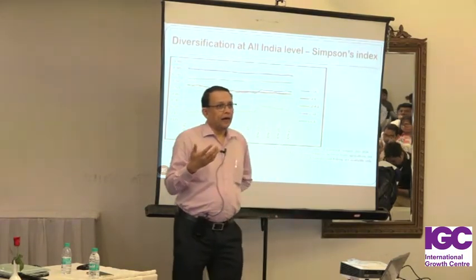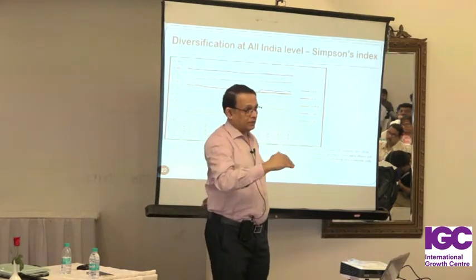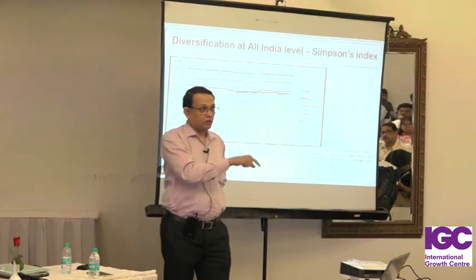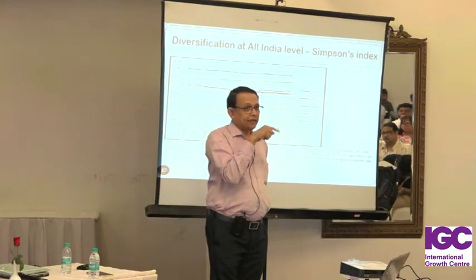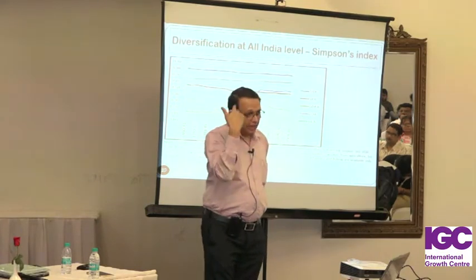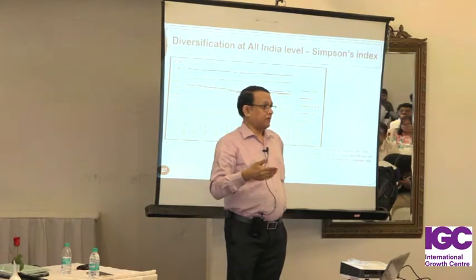And this is something you can examine again at the macro and at the micro level. In the third lecture I will talk on that aspect. So you will find that the answer is states have to diversify. There is potential for diversification, but they are not there.